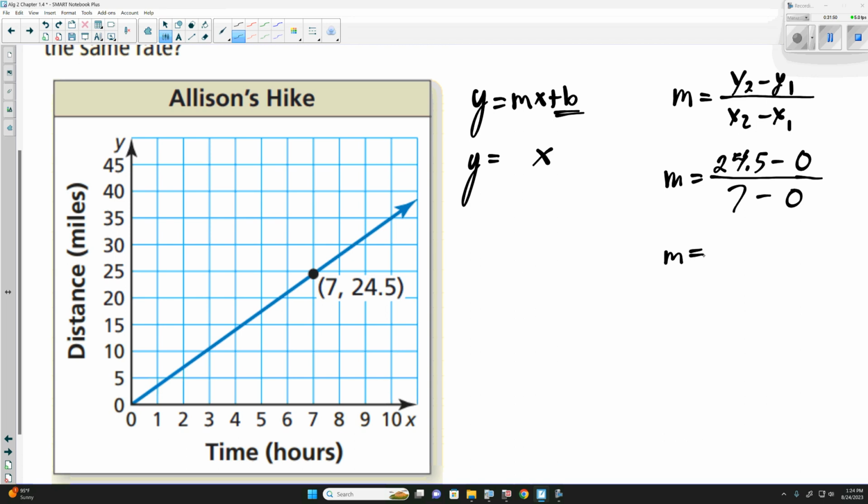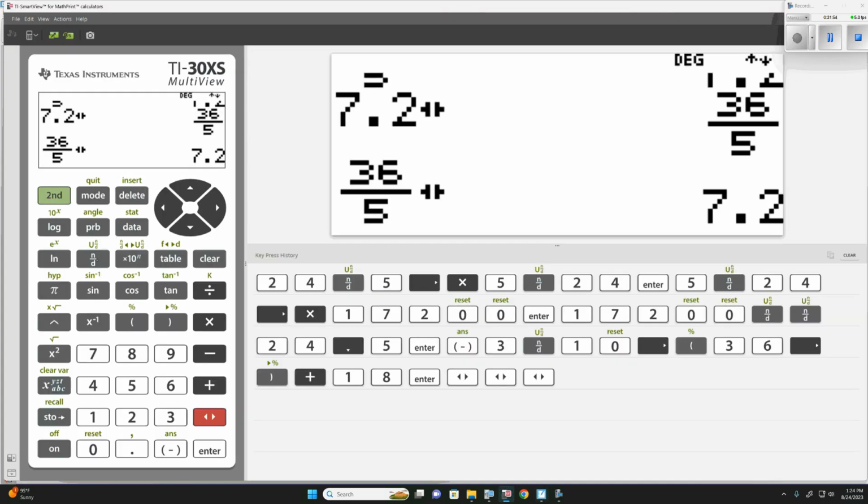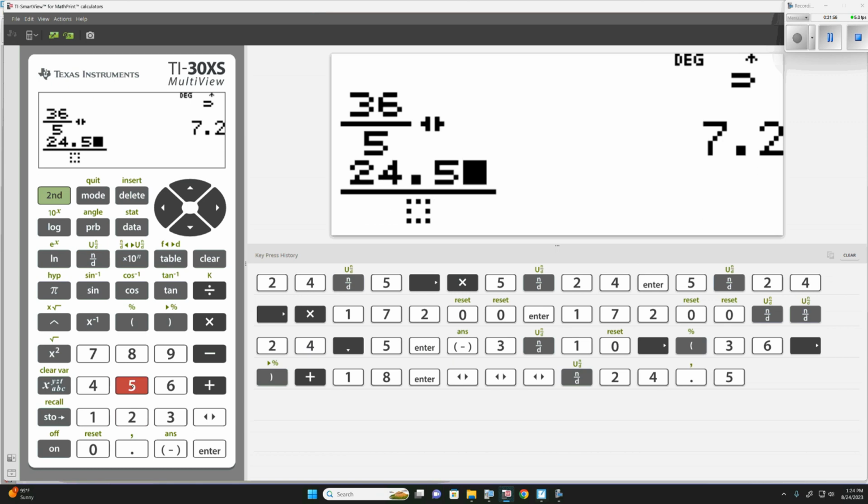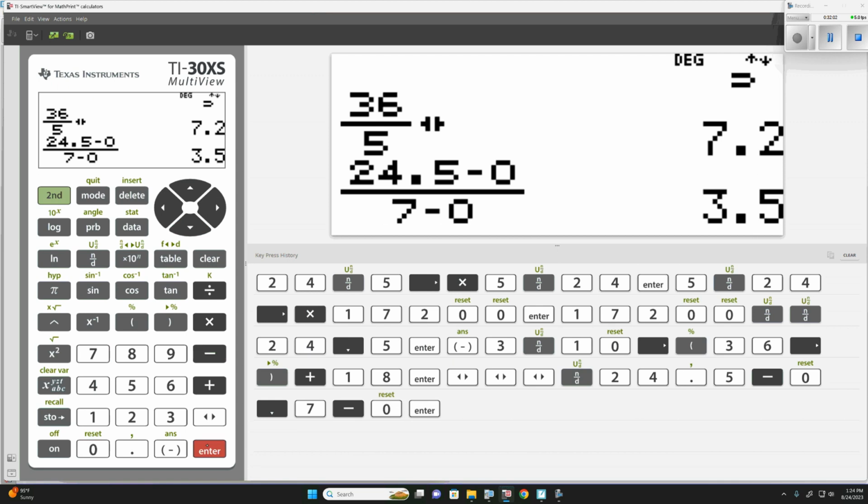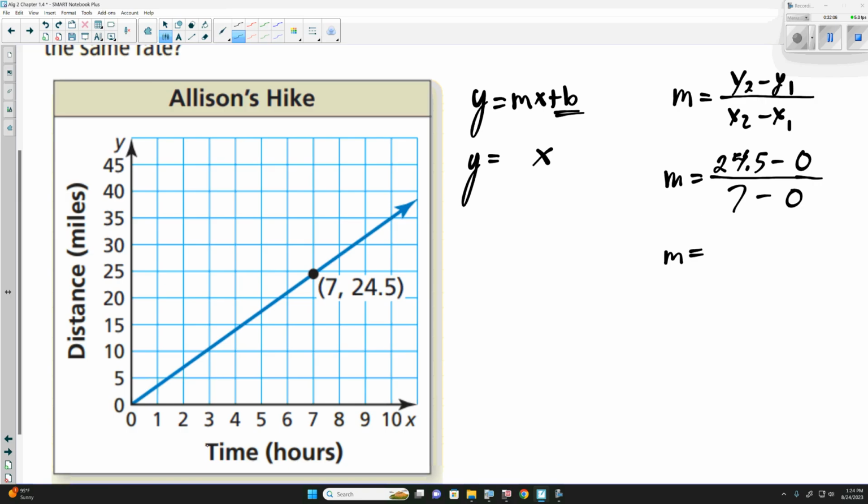Now for this one here, we could plug this straight into a calculator. 24.5 over 7 minus 0 is 3.5. So our slope is 3.5, which means our equation is y equals 3.5x. So we have the equation. Now we need to interpret the slope.